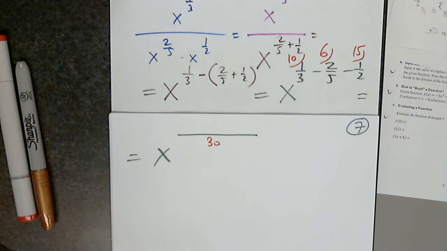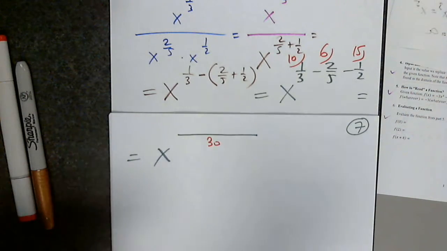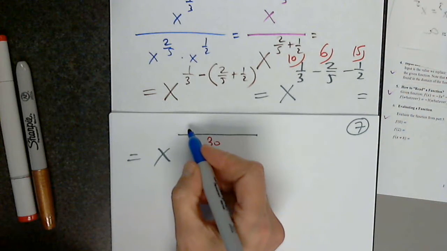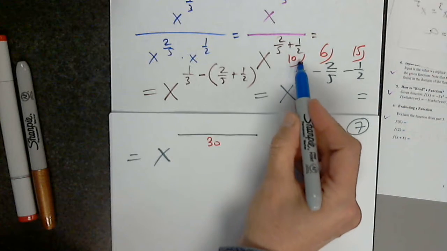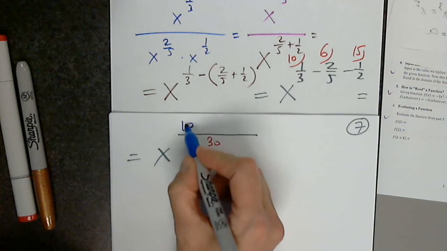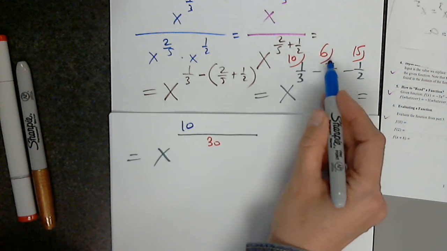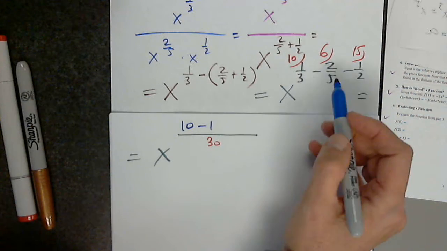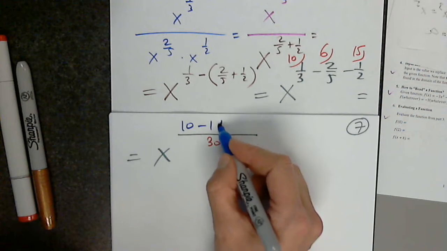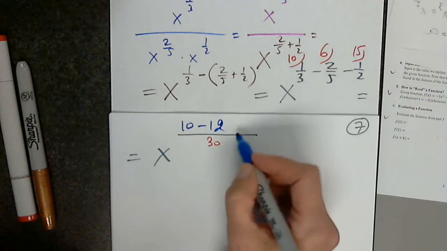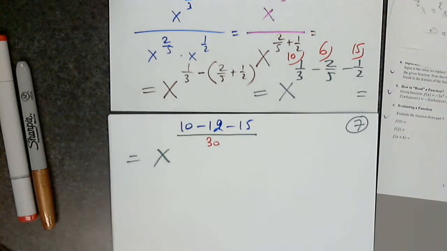It's a lot of work. This, which is 10, minus this, minus 12, and then minus this. Very good. Perfect. So now I have to perform those operations.